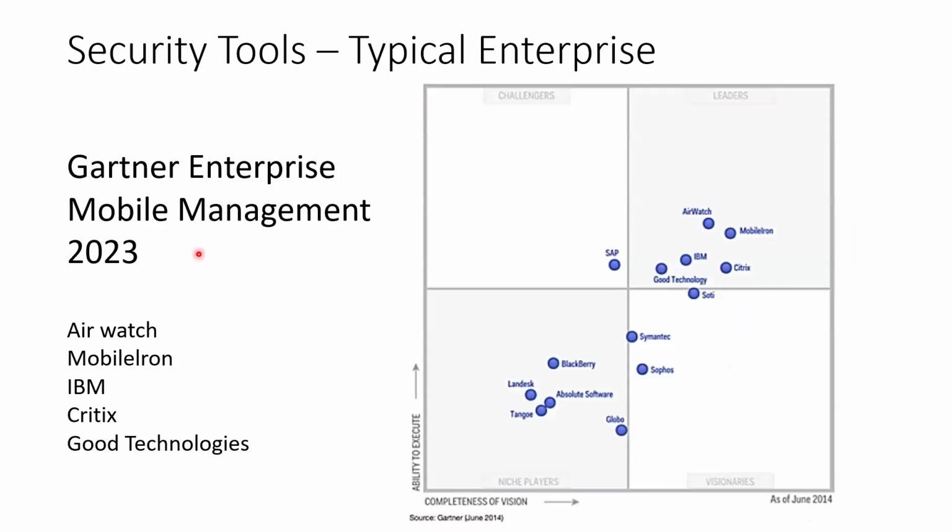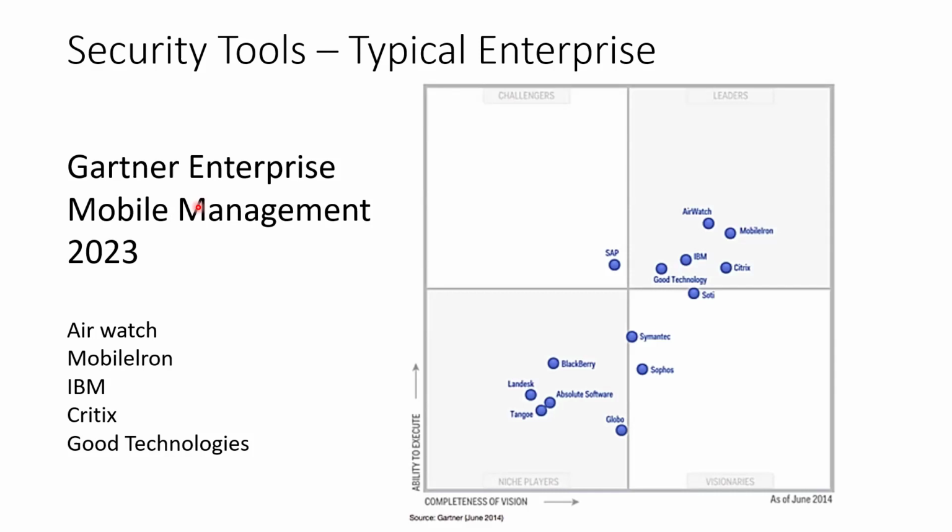Gartner Enterprise Mobile Management 2023. Enterprise mobile management is that if I'm running some enterprise and I issue mobile devices to my team to work for the enterprise, then to maintain the logs and management of those enterprise-issued mobile phones, there are certain tools to manage those records and to identify the activities ongoing on those devices.